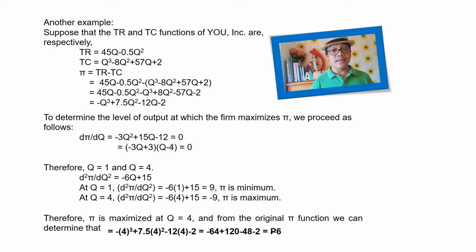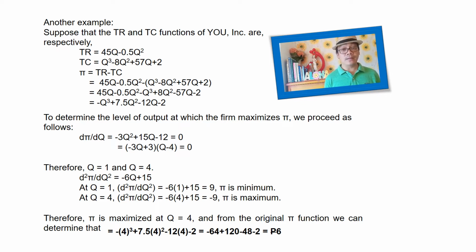And by simply using the technique of factoring, we have quantity negative 3q plus 3 and quantity q minus 4, equating it to 0. Now, we can easily calculate the values of q, which is q equals 1 and q equals 4. Now, which of these values of q will maximize our profit?